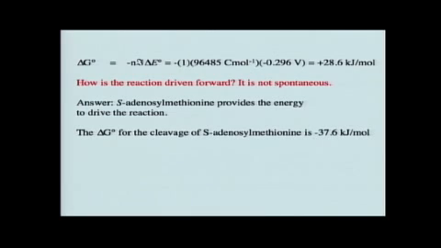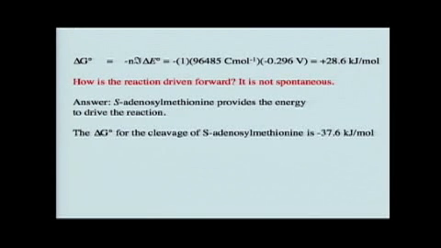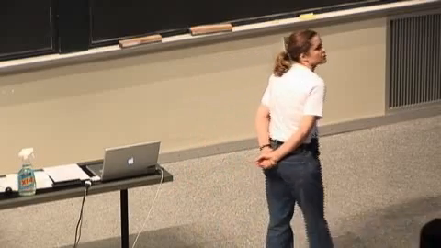In this case, the energy comes from a molecule called S-adenosylmethionine. The cleavage of S-adenosylmethionine has a delta G naught of negative 37.6 kilojoules per mole. So it's more favorable than the reduction of B12 is unfavorable, and this drives the system. S-adenosylmethionine is your friend. It helps B12 to be reduced so that you can function and be healthy.